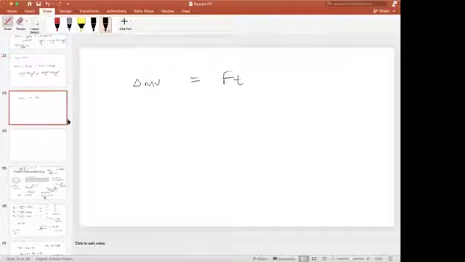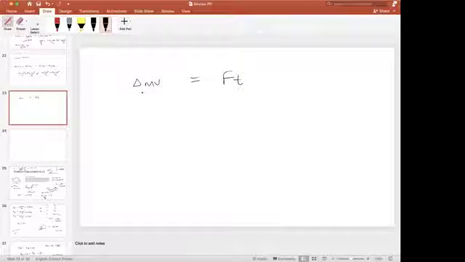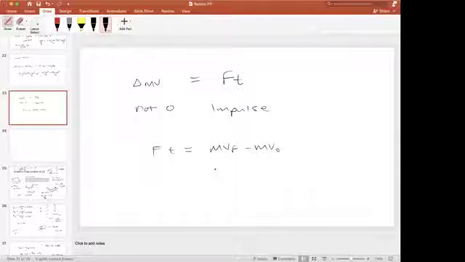Inelastic collisions don't lead to a change in momentum because it is conserved. If the change of momentum is not 0, then you have an impulse. And the impulse is what we did in the lab last week. F times T is MV final minus MV initial. And you guys should know that. That's super easy. Plug in numbers, to be honest with you.